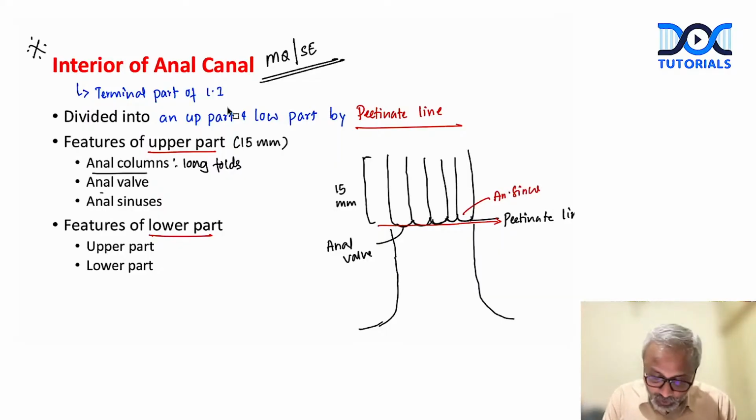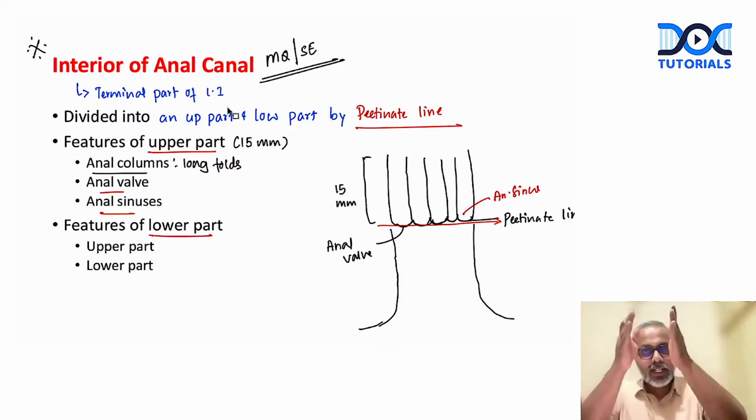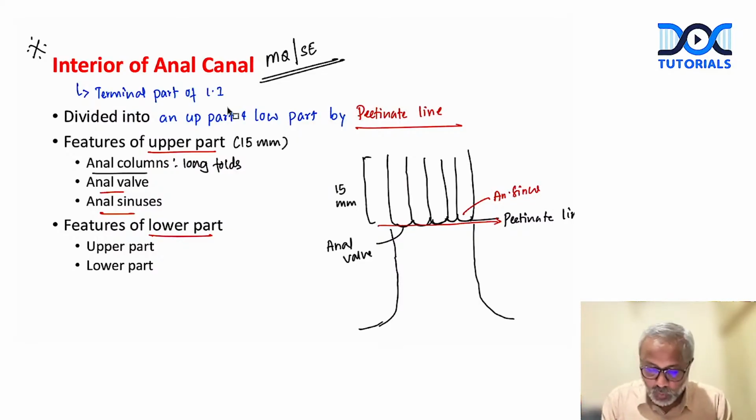So we need to describe all three features. What is anal column? It is the longitudinal mucosal fold. What is anal valve? It is how the anal columns are joined with each other by their lower ends. What is anal sinus? Anal sinus is the space above the anal valve.